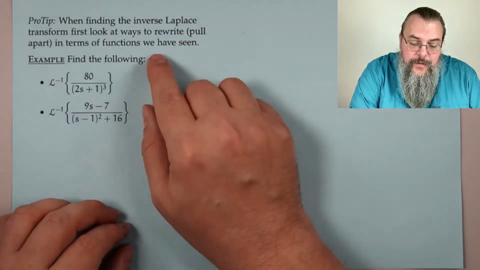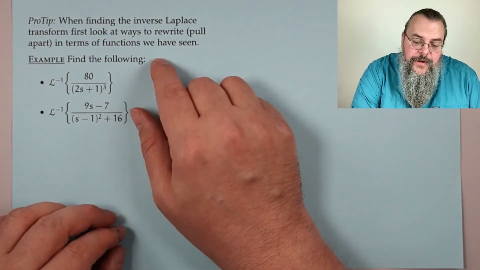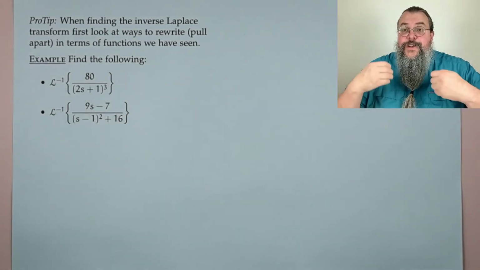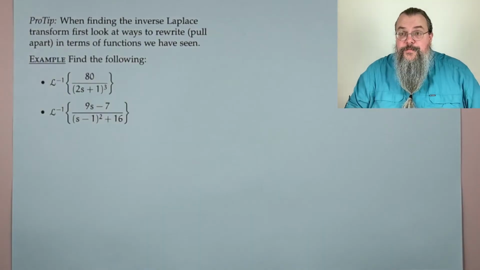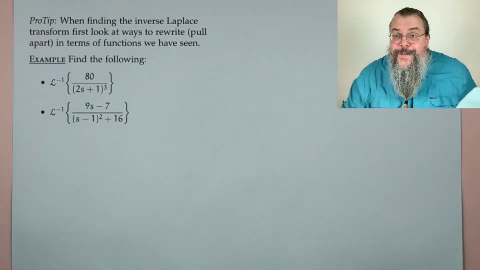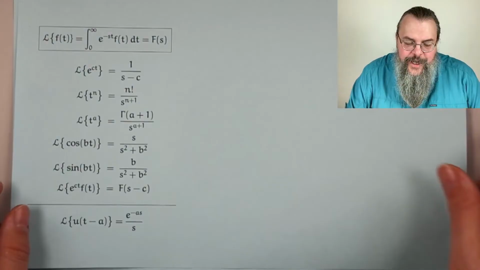And again, similar tip. When we're looking for inverse Laplace transforms, look for ways to rewrite in terms of functions we have seen. In other words, look for things in the table. Now, I want to pull up the table again because I love a good table. Who doesn't love a good table? Okay, so here's our table.